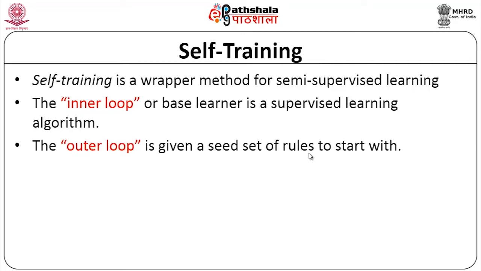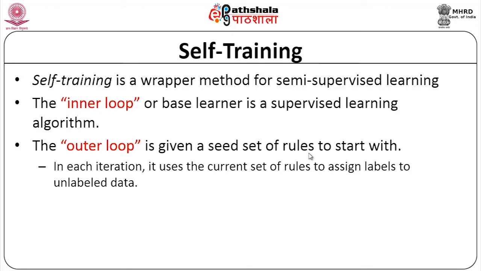The outer loop is given a seed set of rules to start with, and in each iteration it uses the current set of rules to assign labels to unlabeled data. Current set of rules or current patterns, whatever it is called. Some people call it rules and some people use patterns, but actually patterns can be represented as rules also.